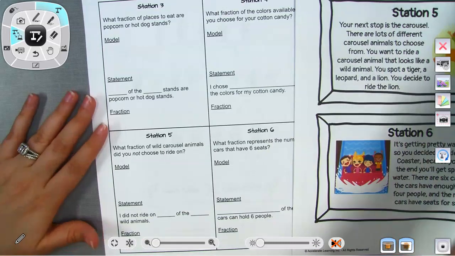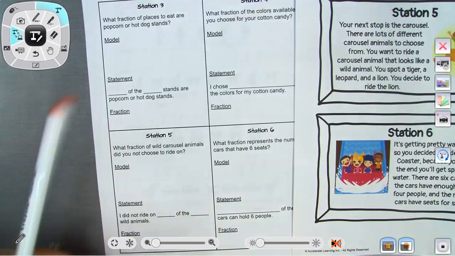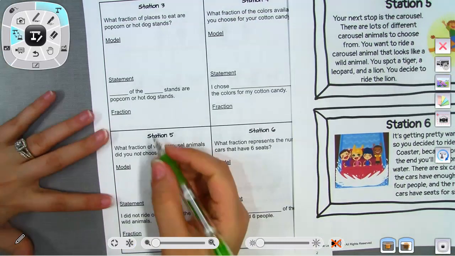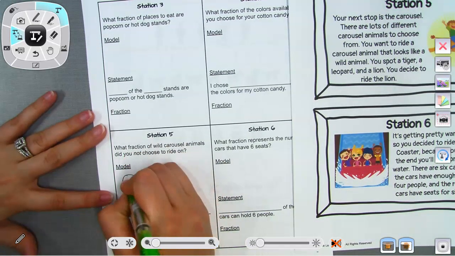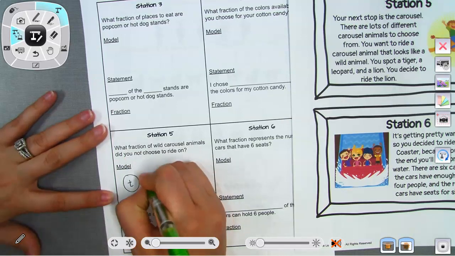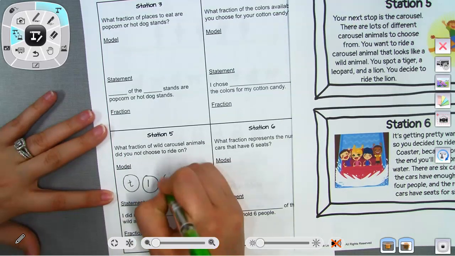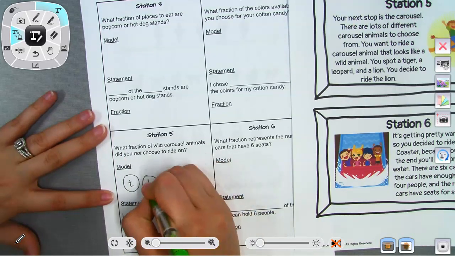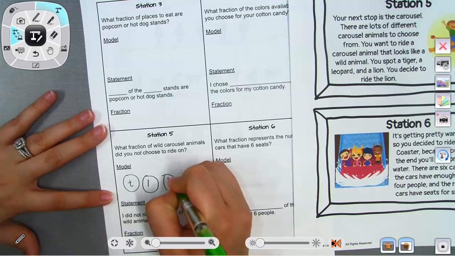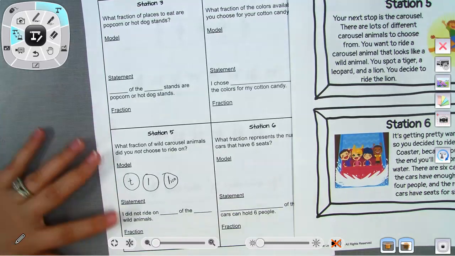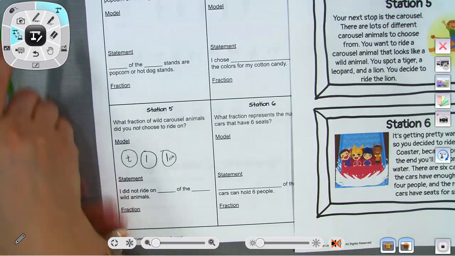So, I'm going to draw a circle. This one I'm going to label tiger. This one is a leopard. And this one is a lion. So, I'm going to write L-O-N for lion. Okay, so you decided to ride the lion.